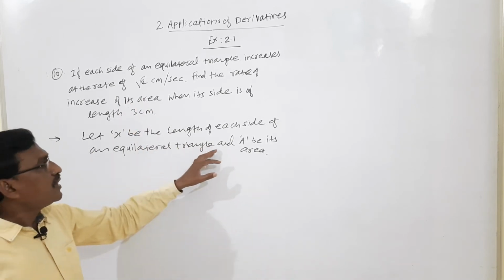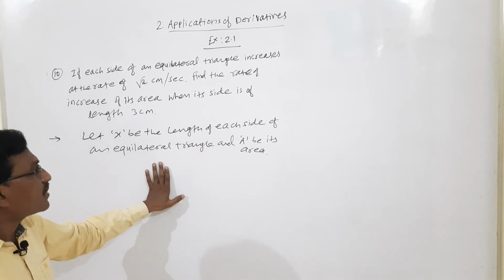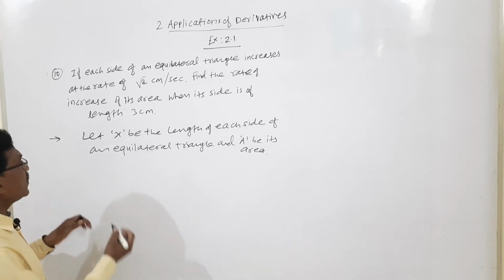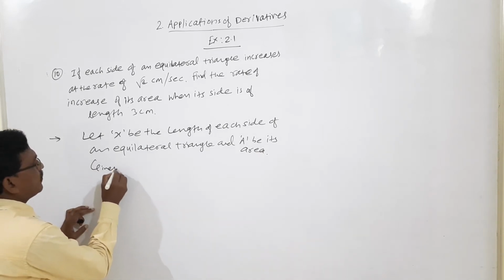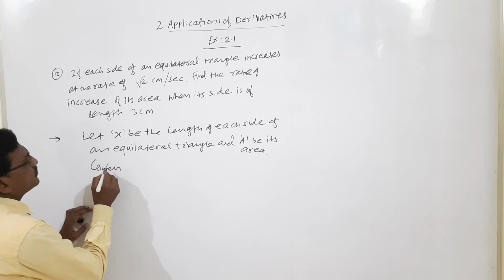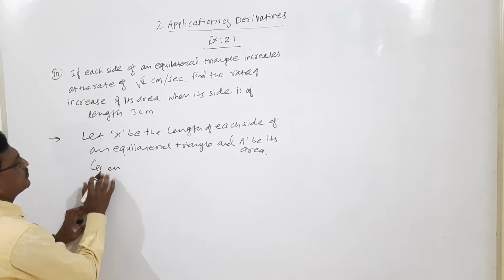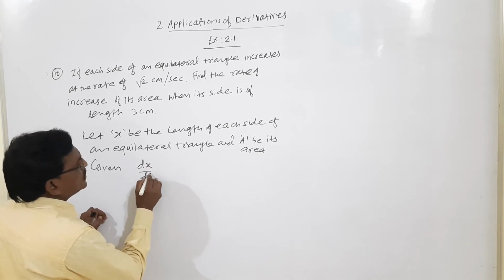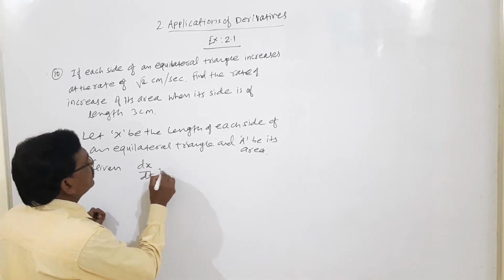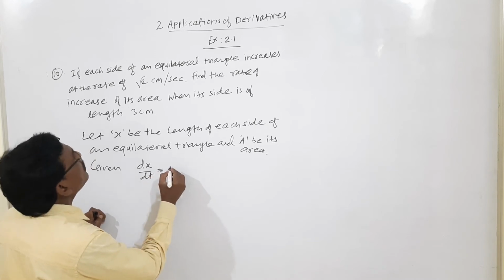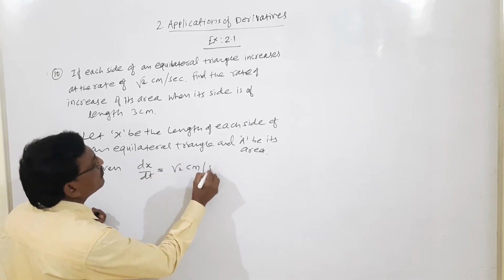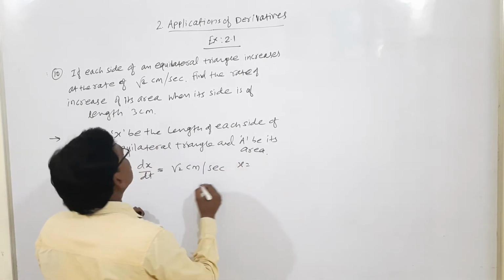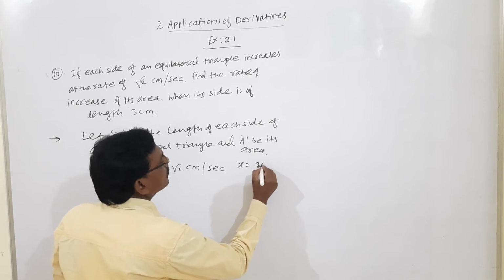Let x be the length of each side of an equilateral triangle and capital A be its area. We are given the increasing rate of its side, dx by dt, which is root 2 centimeter per second, and also the length of side, x equal to 3 centimeter.